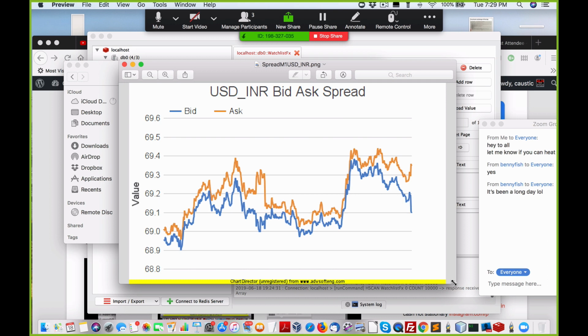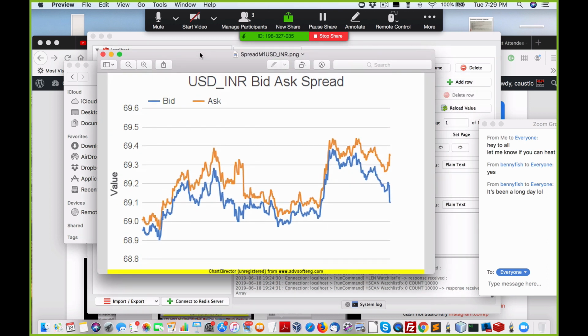So we're talking about the order book. Fortunately, with Oanda, they do give you that ability. As far as I know, if you're trading on MetaTrader or some platforms, a lot of platforms will not give you access to the bid and ask from the broker that you're trading on.